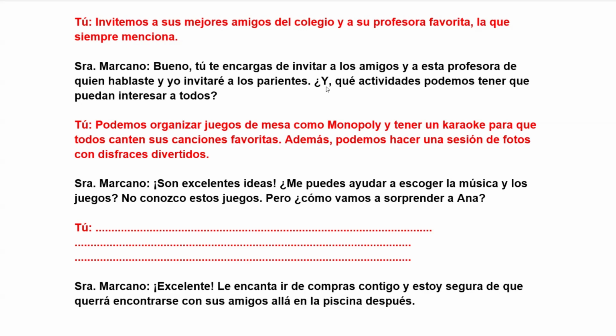Then she says, and what activities can we have that might interest everyone, or might appeal to everyone? And for our response, we can organize board games like Monopoly, have karaoke so that everyone can sing their favorite songs. In addition, we can have a photo shoot with fun costumes, right?